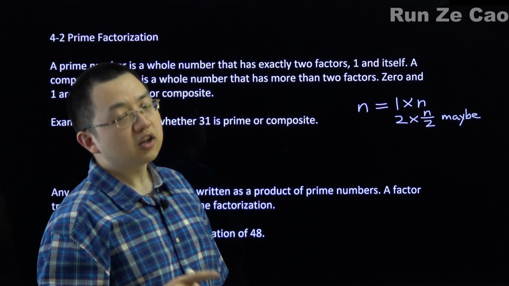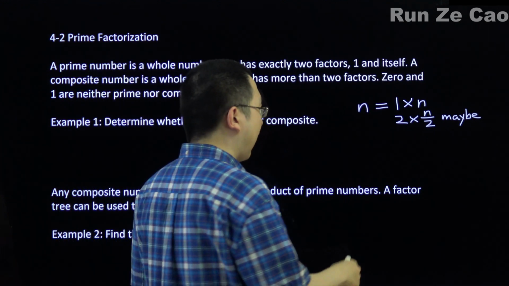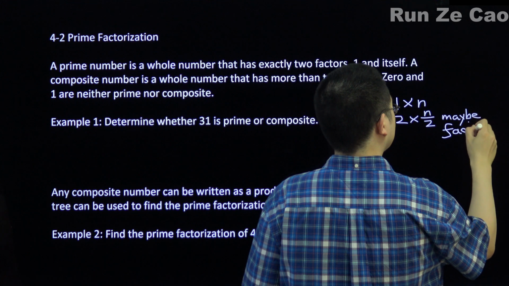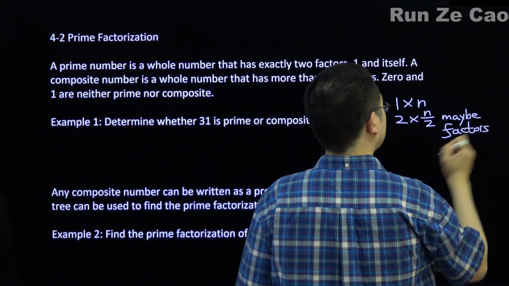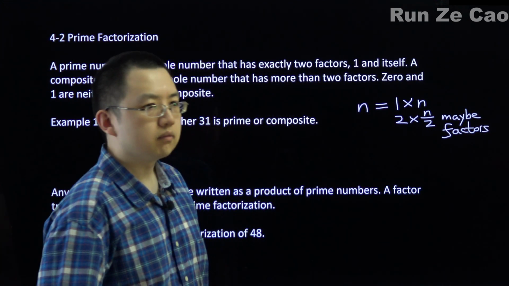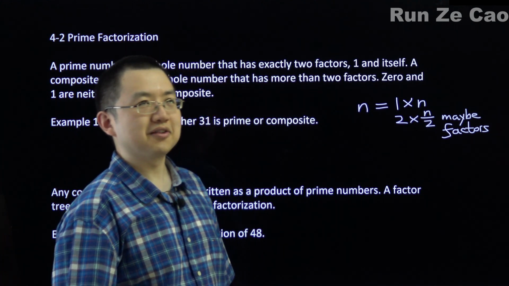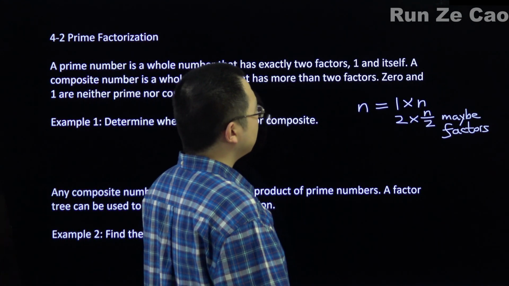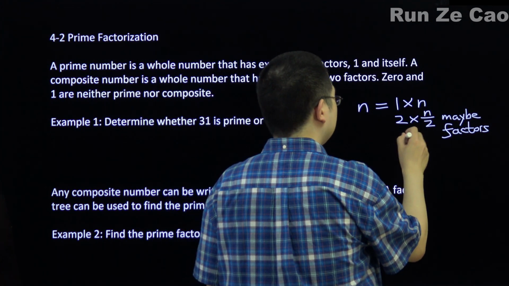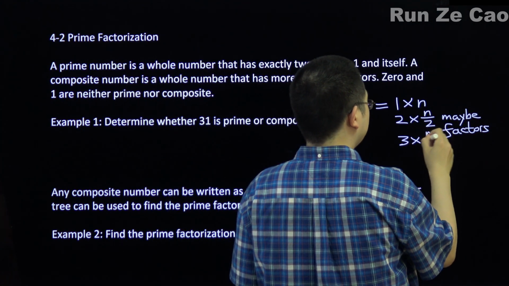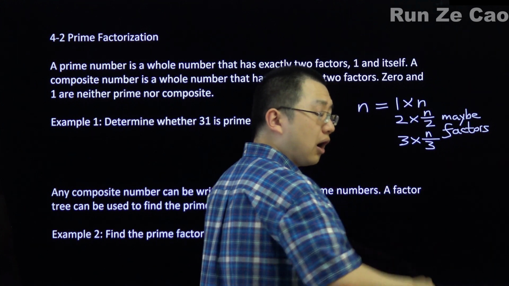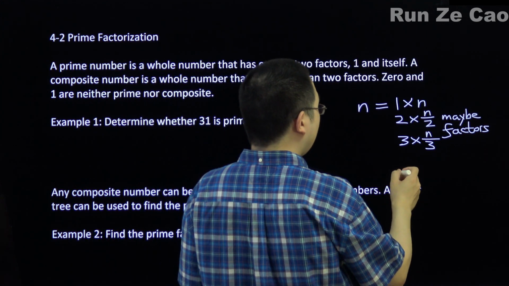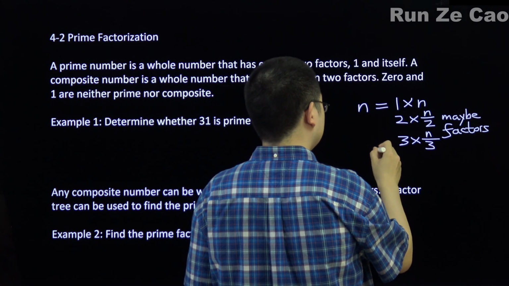I mean, technically it's always true, but I mean as factors. Anyway, so you could have 2 times n over 2. You could have 3 times n over 3, and so on and so forth. But you'll find that they always make pairs.